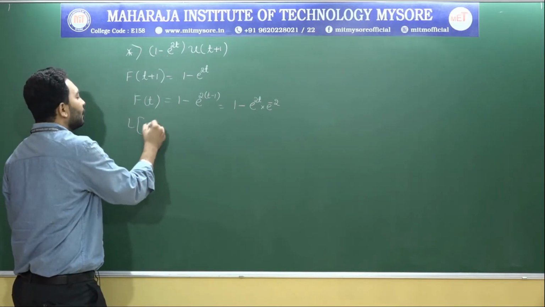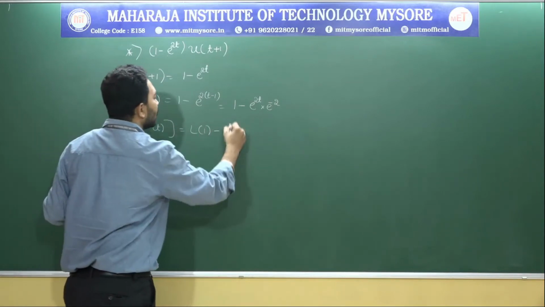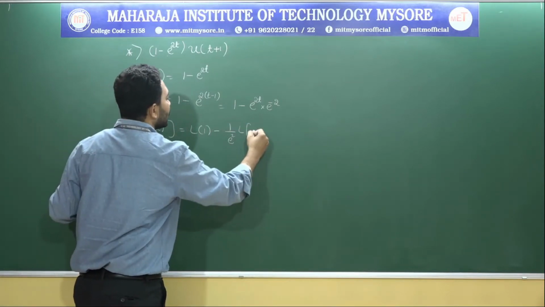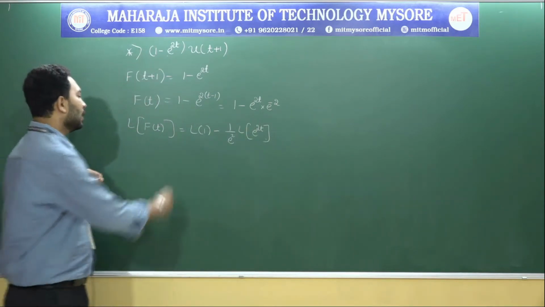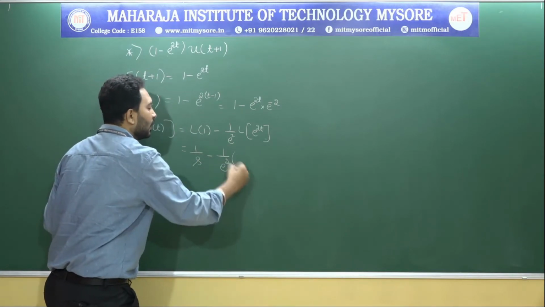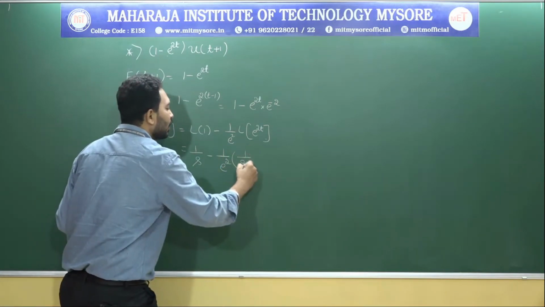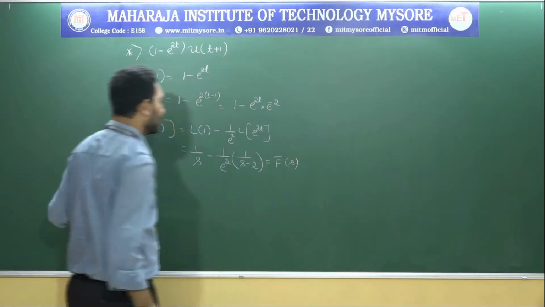Then Laplace of f of t equals Laplace of 1 minus 1 by e square, which is constant. So we are remaining with Laplace of e power 2t. Laplace of 1 is 1 by s minus 1 by e square into Laplace of e power 2t, it is 1 over s minus 2. This is our required f bar s.